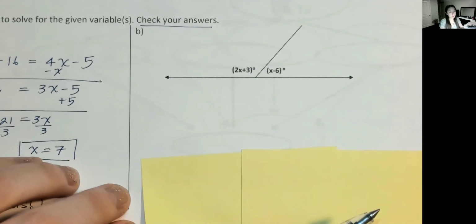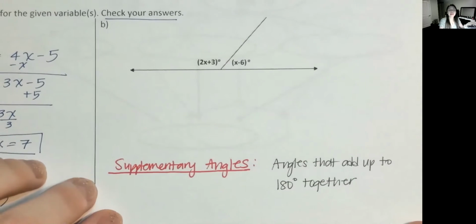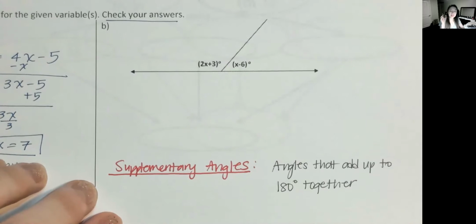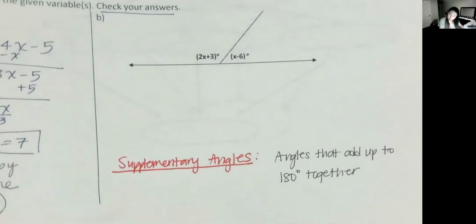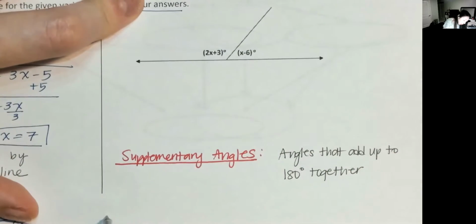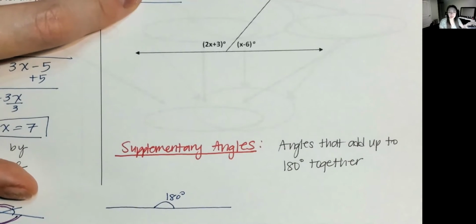Those of you who guessed it correct, kudos to you. These are called supplementary angles. Okay, supplementary angles are those that add together and they create 180 degrees. Okay, and it's usually straight lines. Straight lines are 180 degrees, always. Angle in a straight line is always 180 degrees.